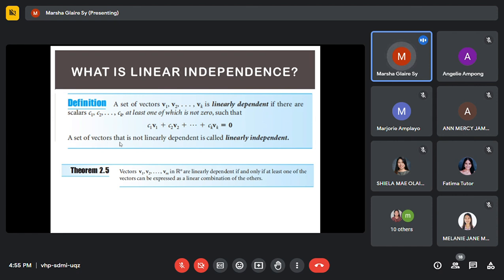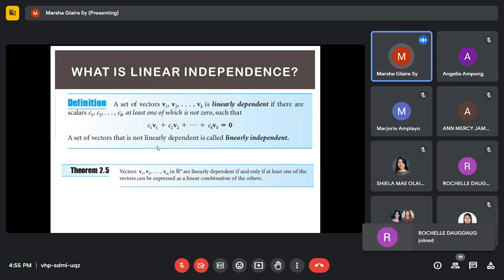A set of vectors that is not linearly dependent is called linearly independent. Vectors v1, v2, ..., vm are linearly dependent if and only if at least one of the vectors can be expressed as a linear combination of the others.